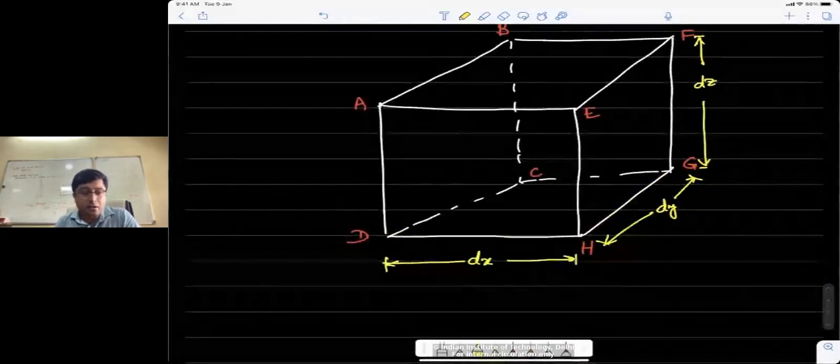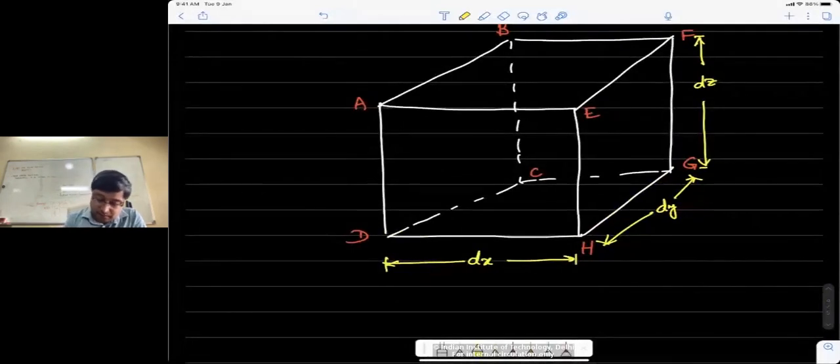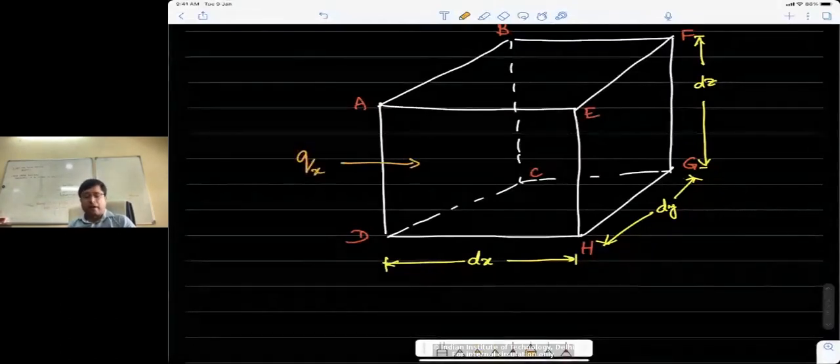Now let's apply conservation of energy to this control volume. Now to do it, I will do it in the most simple form first, and then we'll invoke Fourier's law. So say that there is, on this face, which is ABCD, let's say we have Qx amount of heat transfer by convection or by conduction.